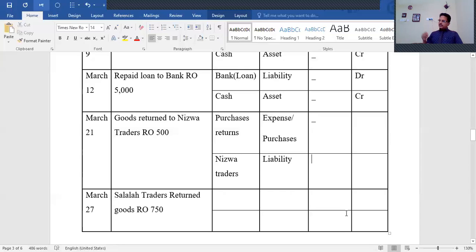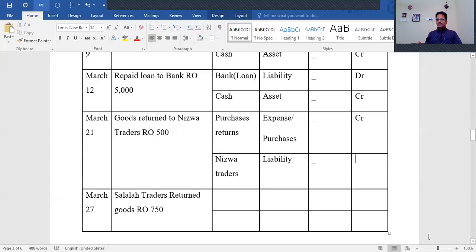When you purchase goods, accounts payable increases. Now some goods are not according to your order or price, or are defective, so you return them, and your liability automatically decreases. So expense decreases. Asset and expense increase means debit, decrease means credit. Then Nizwa traders, liability decreases.